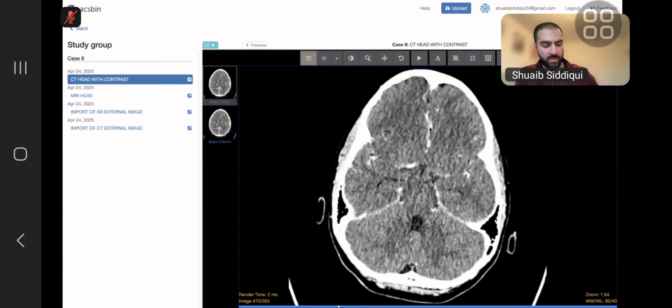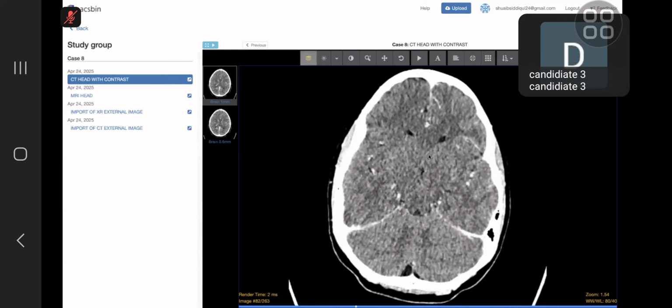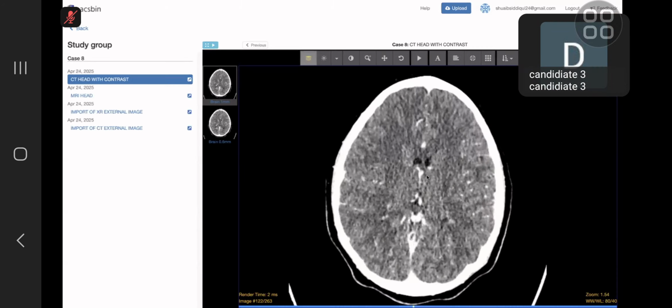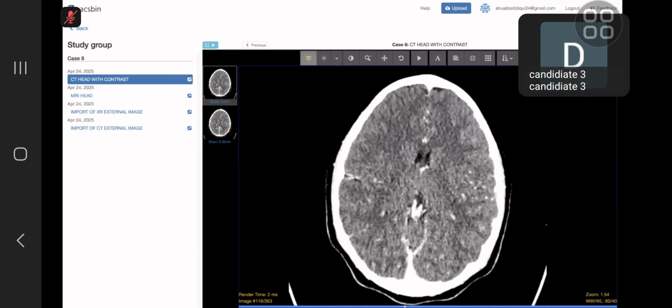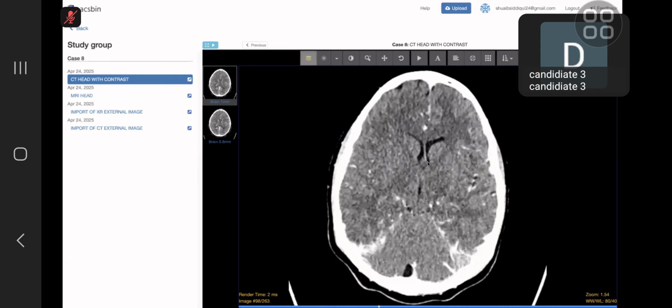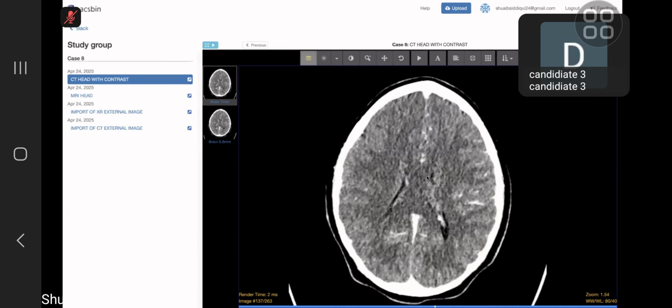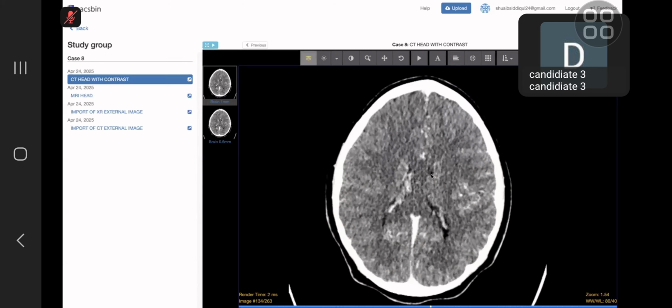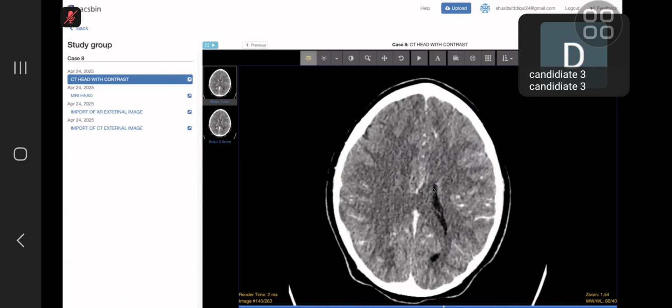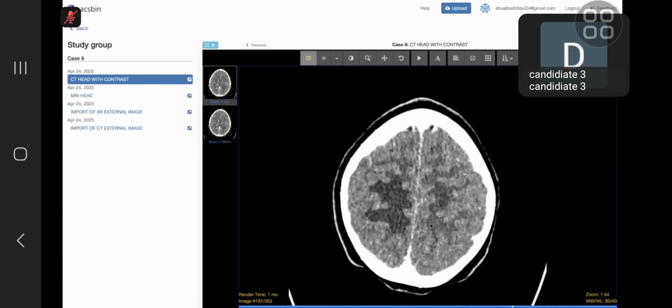Okay, so just summarize to me what you think is going on. There is also enhancement of the internal meninges. So this could be an inflammatory cause.